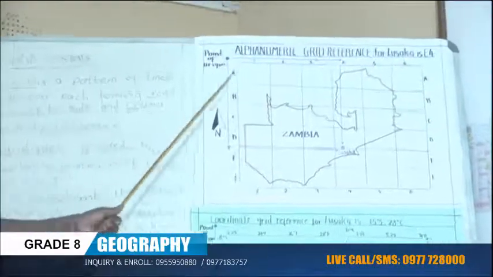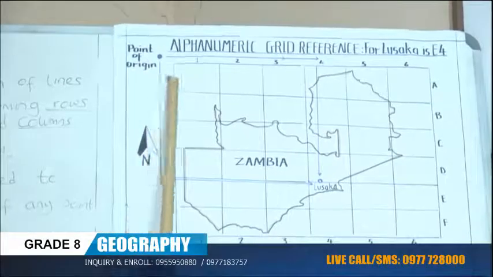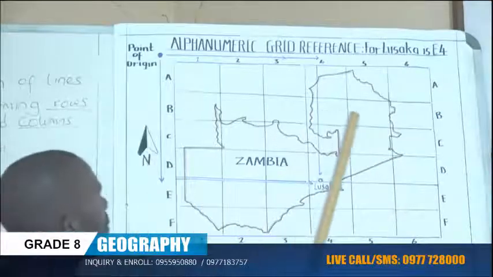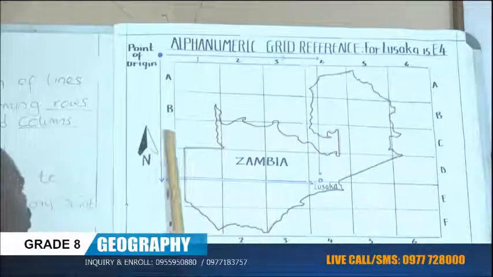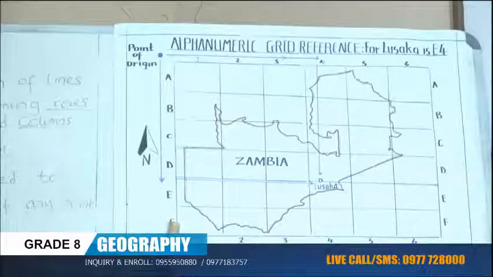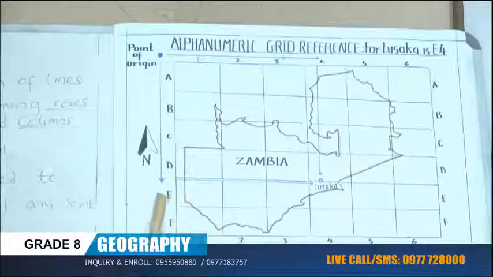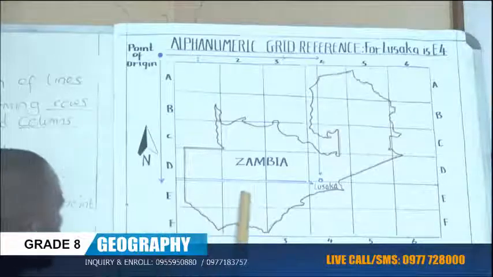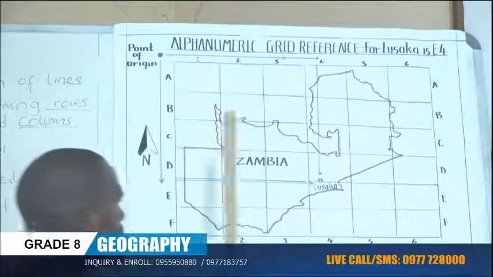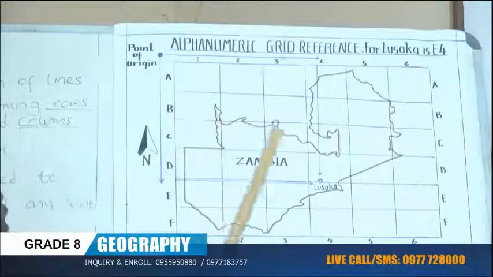Now, using this map, these lines which are going this way, on the horizontal, like line F here, moving along letter F, again letter E. So this is row number 1, this is row number 2, whichever way, if you want to begin from there, it doesn't matter.